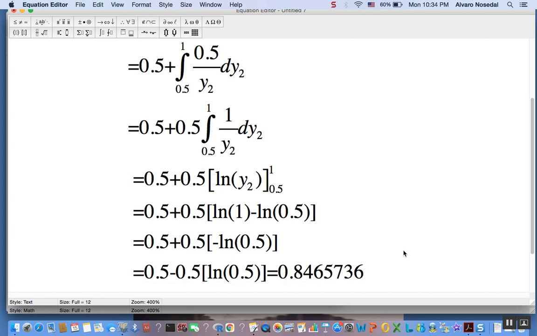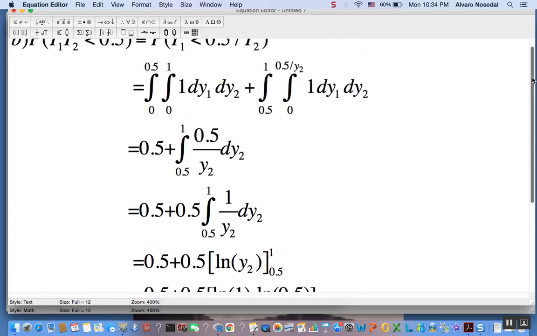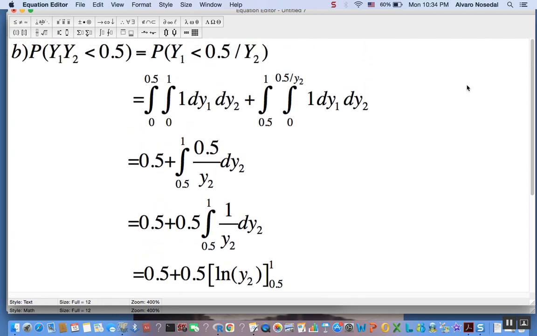Then we solved an example about the joint probability density function. Since we had two continuous random variables at the same time, to compute those probabilities we had to use double integrals.